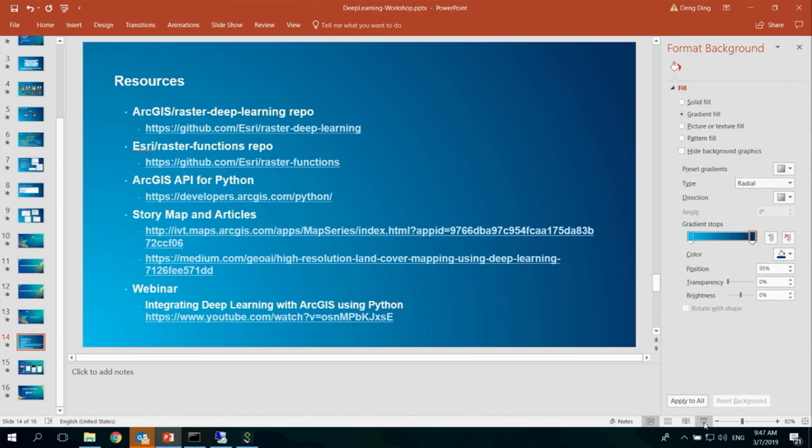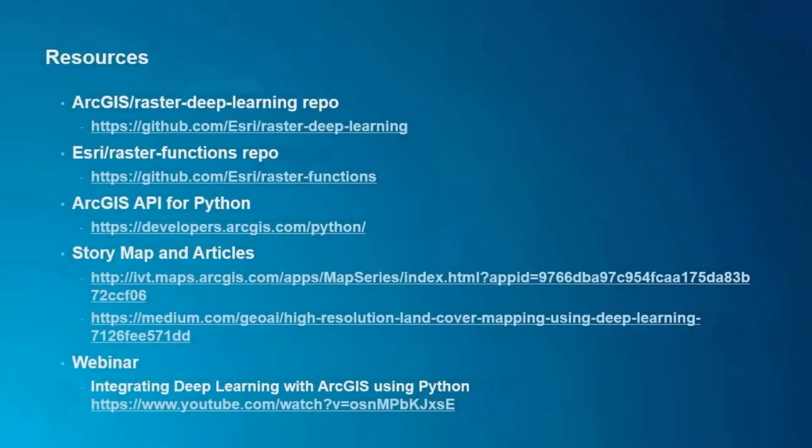So here are these resources about getting started with deep learning in ArcGIS. This first one is the raster deep learning repo. We have our Python raster functions, those built-in Python raster functions, and we put them all here. And we have some examples for each of the deep learning frameworks we support.